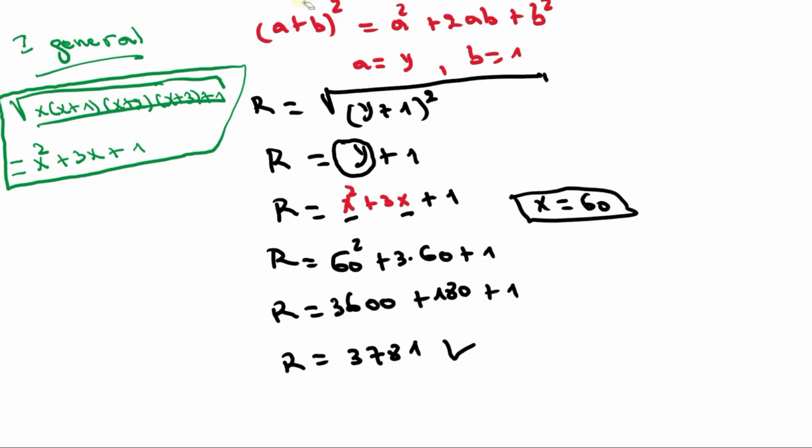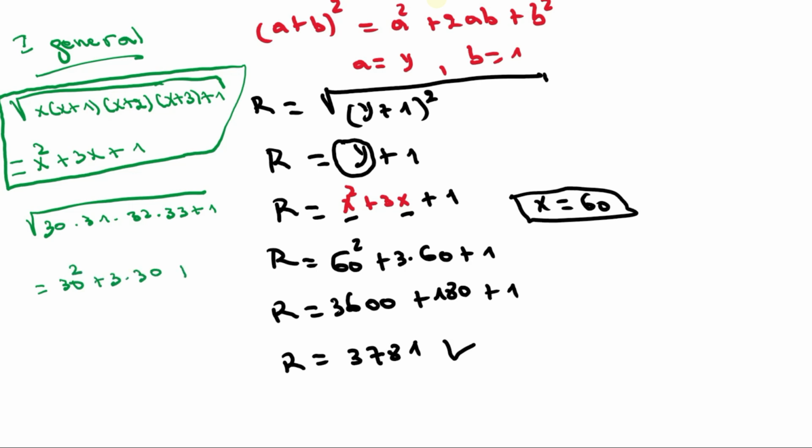For instance, I can give you a simple example again. If you are asked to calculate the square root of, let's say, 30 times 31 times 32 times 33 plus 1, this is equal to 30 squared plus 3 times 30 plus 1.